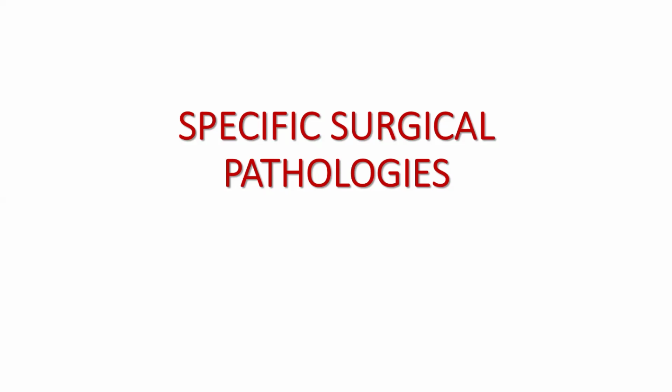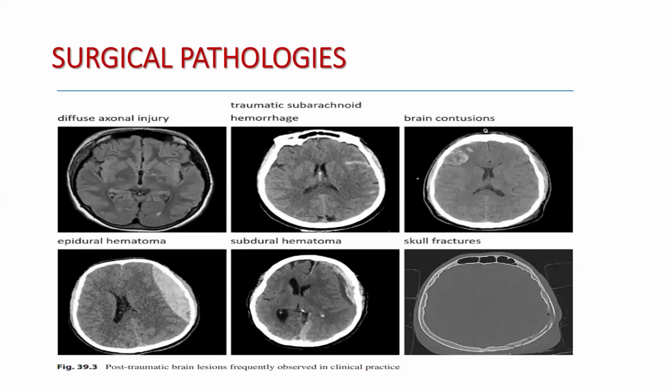You continue. Yes. So those were generalities. So now we are paying specific attention to specific surgical pathologies that occur when we have head injured patients. This picture is illustrating the different scenarios that we get when we have a head injured patient.